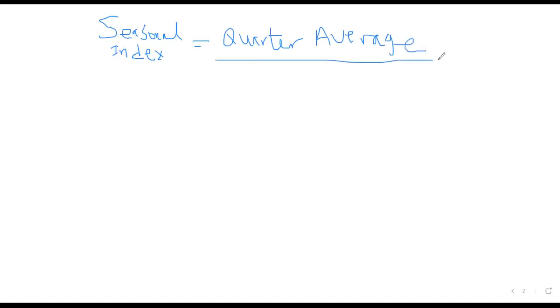Now, there is the aspect of finding the seasonal index. So seasonal index is equal to quarter average over overall average.